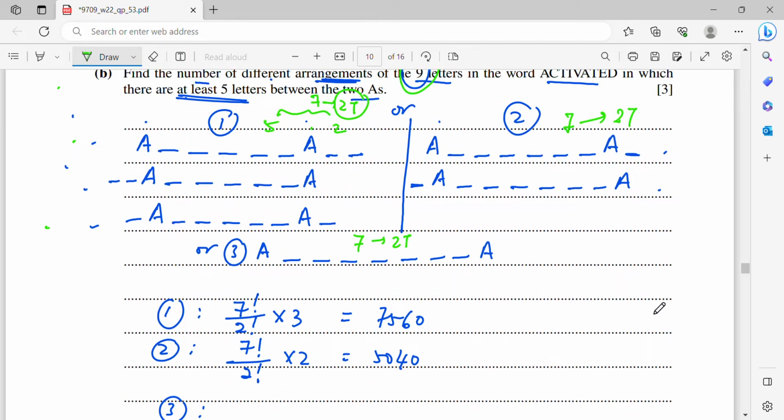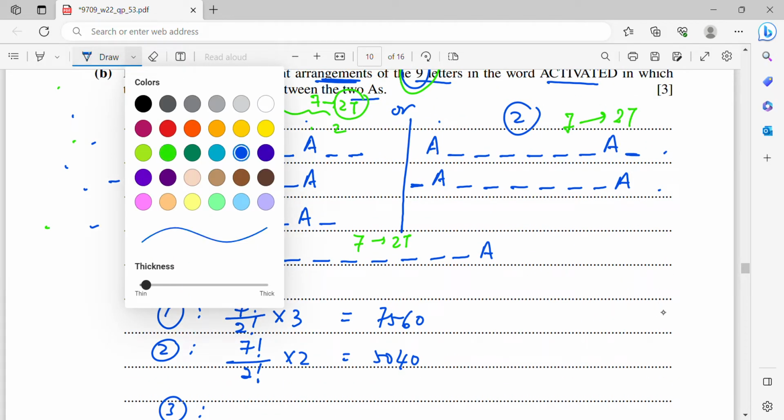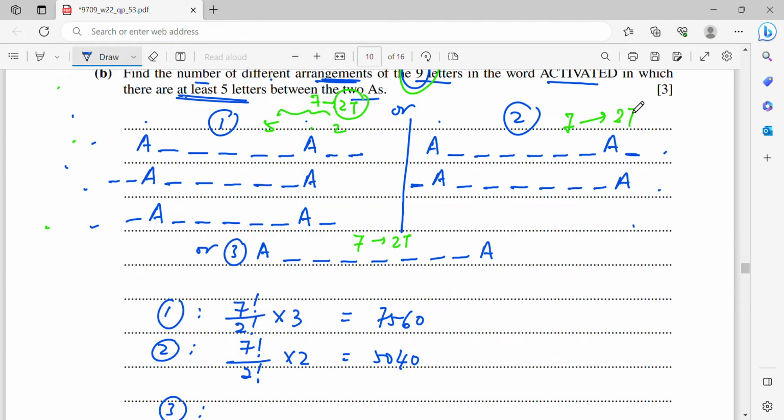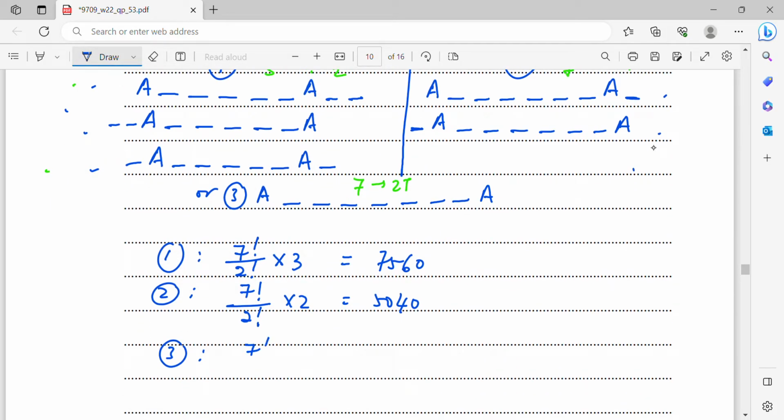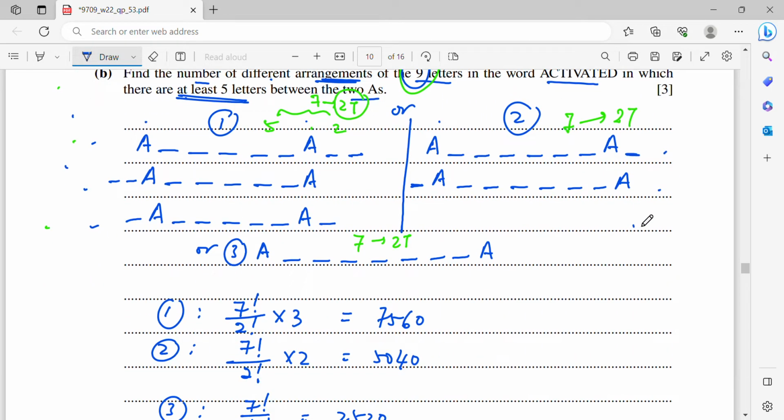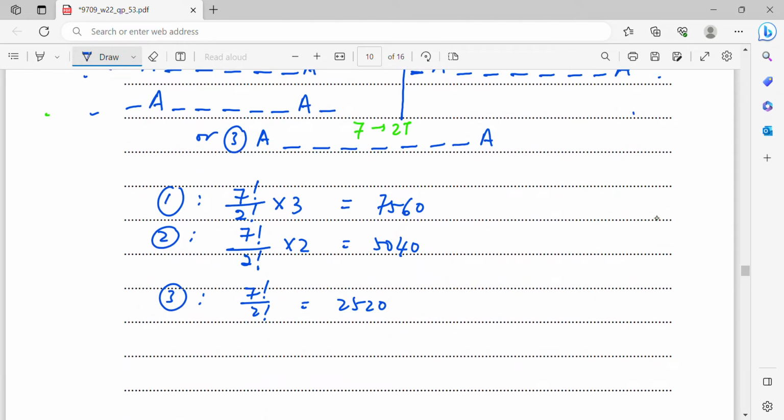So the arrangement is going to be 7 factorial over 2 factorial. Then you will get 2520. So now the total arrangements is just to add up these 3 cases. Then at last, you will get 15120.